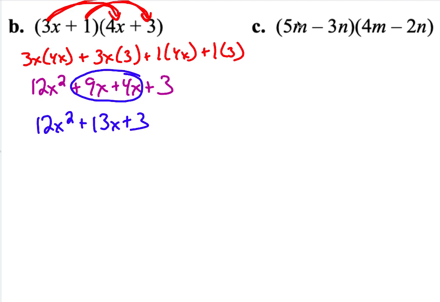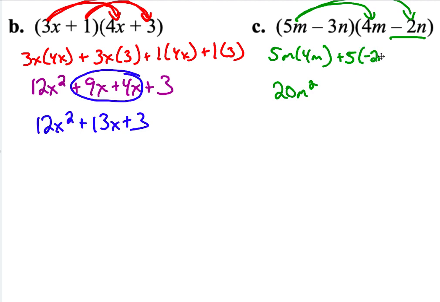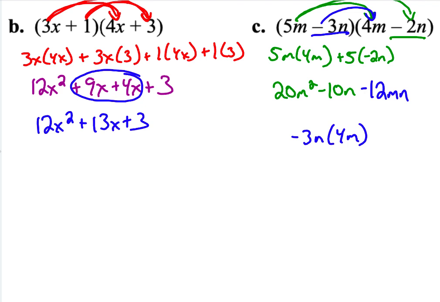All right, next one. So 5m times 4m, that's 20m squared. 5m times -2n, that's -10n. Then -3n times 4m, sorry, that's going to give me -12mn. Okay, when we have both variables, we write them in alphabetical order. And then we have -3n times -2n gives me a +6n squared.